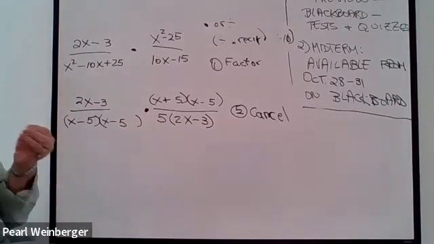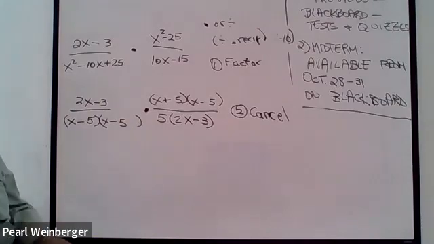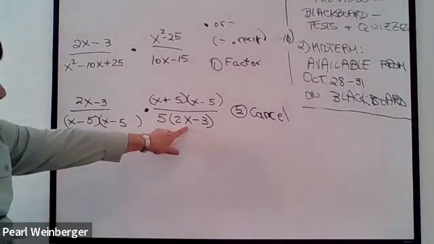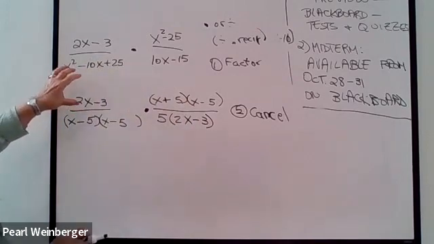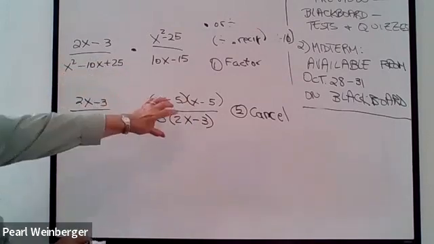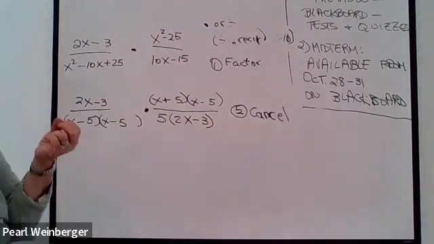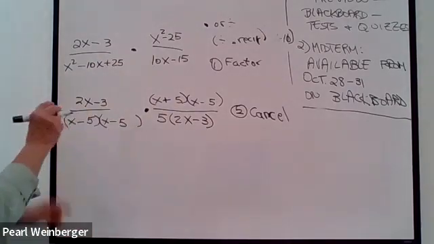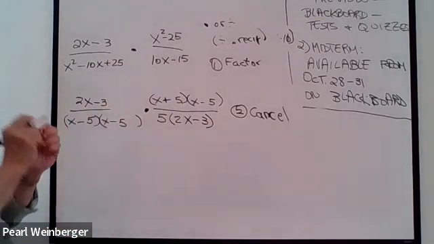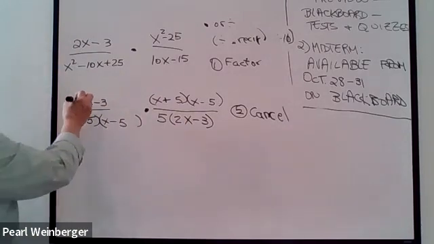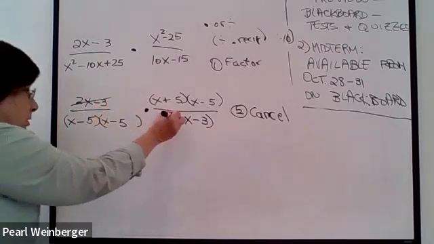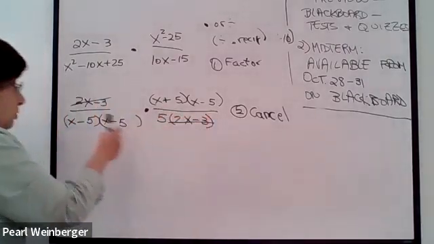I'm looking to see, is there another 2x minus 3? And yes, there is in the denominator. I can only cancel out a numerator with a denominator, and it has to be the identical binomial. We can't do it by pieces. You have to take the whole unit, the whole binomial. So this 2x minus 3 is going to cancel out with this 2x minus 3.